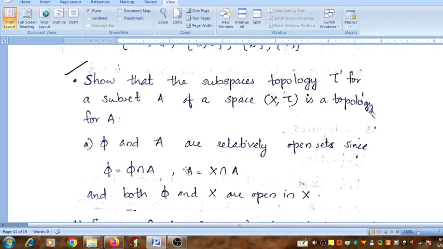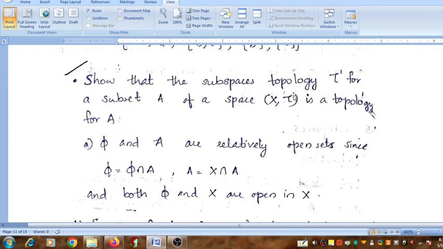Next, you can show that A is also present here. The entire set here is A, the subset of X. You can show that it's also present in tau prime. Why? Because X is the entire space, and X is present in tau.